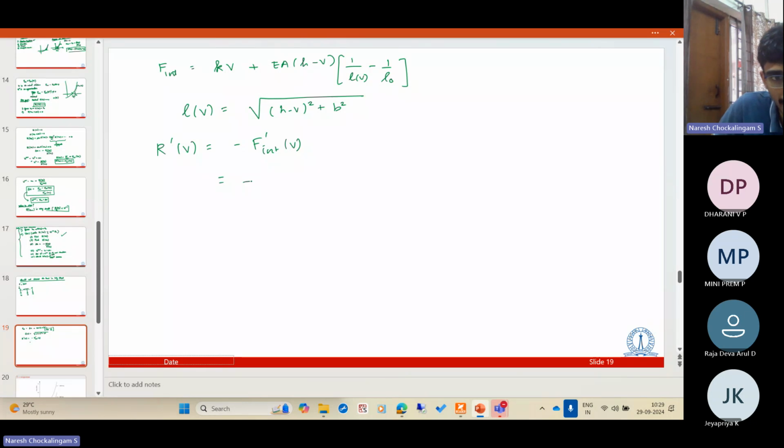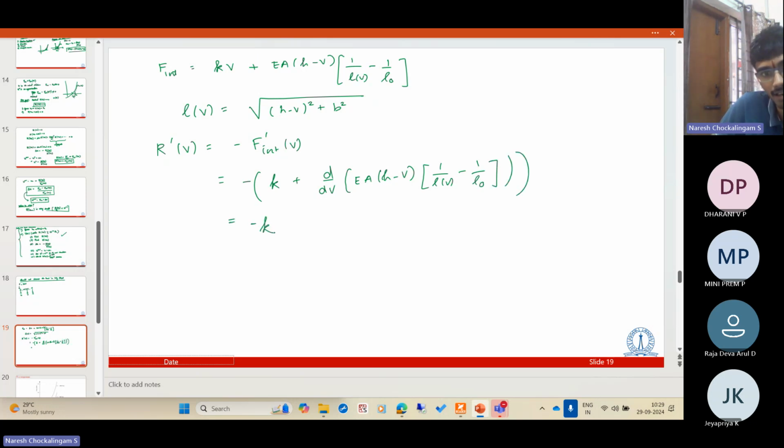So this is minus K minus d by dV of EA into (H minus V) into (1 by L of V minus 1 by L0).